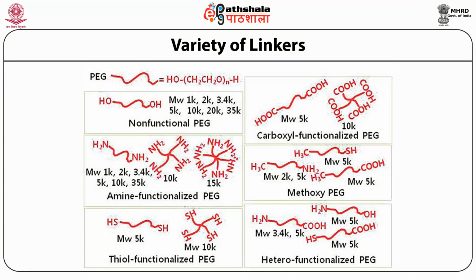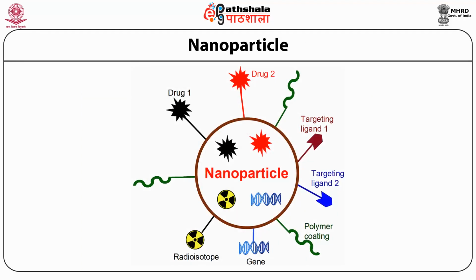A variety of polyethylene glycols are available to coat the nanoparticle surface. A specific polyethylene glycol is chosen to append a specific biomolecule on the nanoparticle, and this selection depends upon the kind of functional groups present on the biomolecules which can bind with the polyethylene glycol. Here is a general diagram of a nanoparticle.